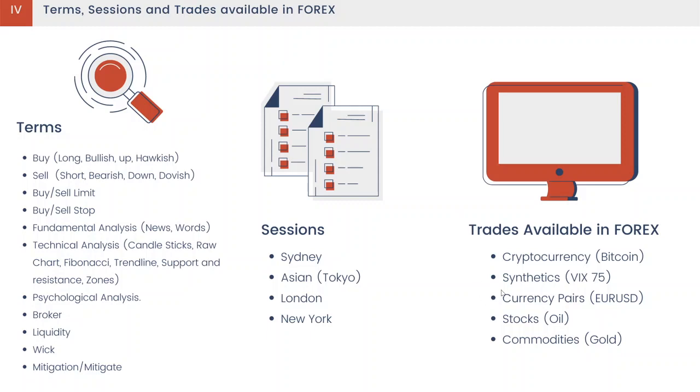The reason it has $5.3 trillion is because we can trade cryptocurrency, synthetics, currency pairs, stocks, and commodities, all in the foreign exchange market. Only currency pairs, stocks, and commodities are traded from Mondays to Fridays. On the weekends, you can still trade your cryptocurrency, Bitcoin, Ethereum, Dogecoin, all of that. You can still trade synthetics on the weekend.